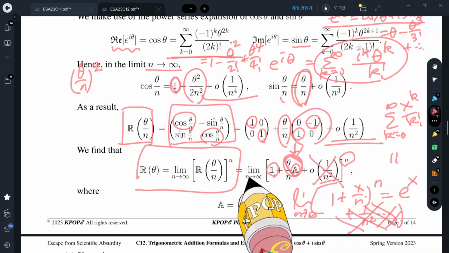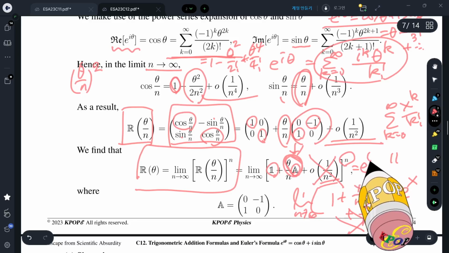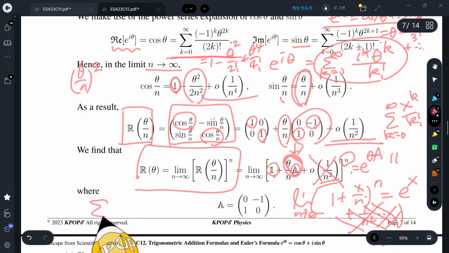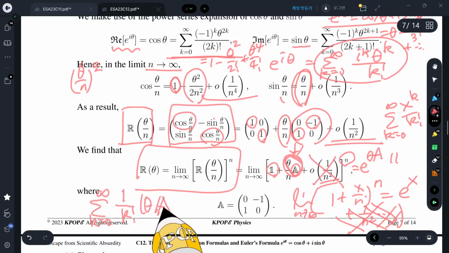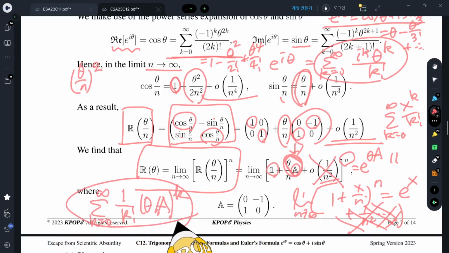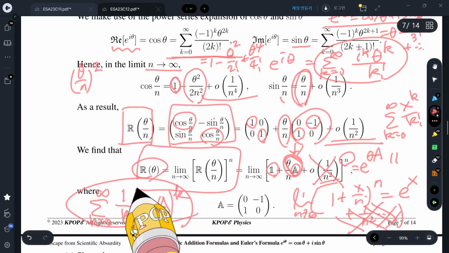As a result, this one is e to the theta A. And what is e to the theta A? The sum k goes from 0 to infinity of 1 over k factorial times the matrix theta A to the k. This infinite sum, this series, represents the rotation matrix.